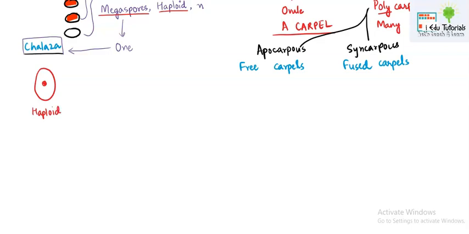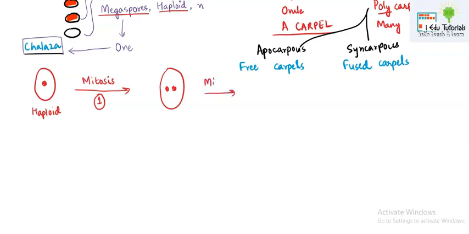Now we need to clear up certain more terms. Before that, let's understand that this megaspore will undergo three consecutive mitotic divisions. When mitosis 1 happens, it will lead to the formation of how many nuclei? 2.